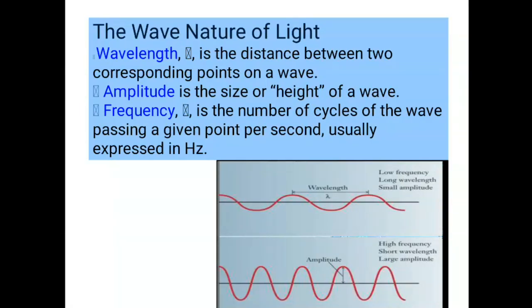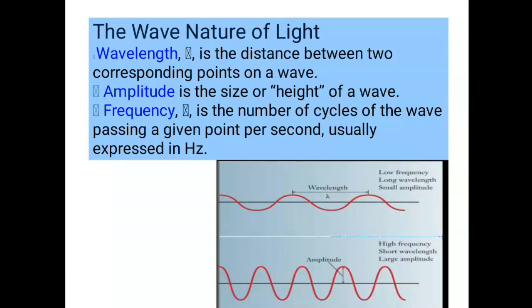Now, let us talk about few characteristics of the waves. Number 1 here is wavelength. What is wavelength? It is the distance between two corresponding points on a wave, means distance between two consecutive crests or two consecutive troughs.